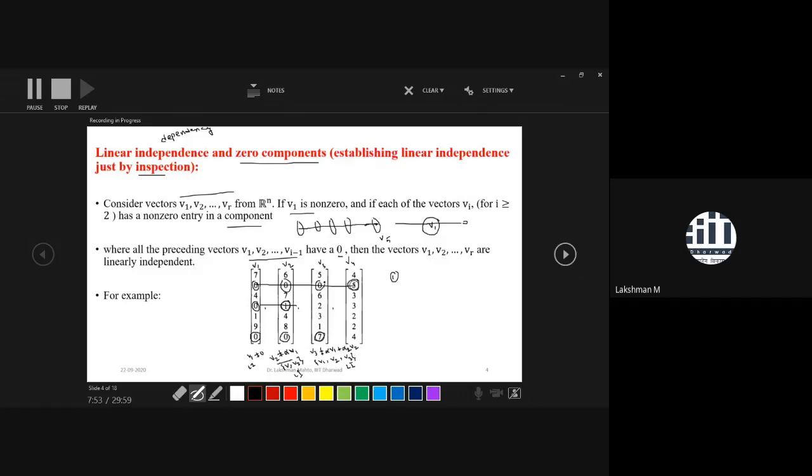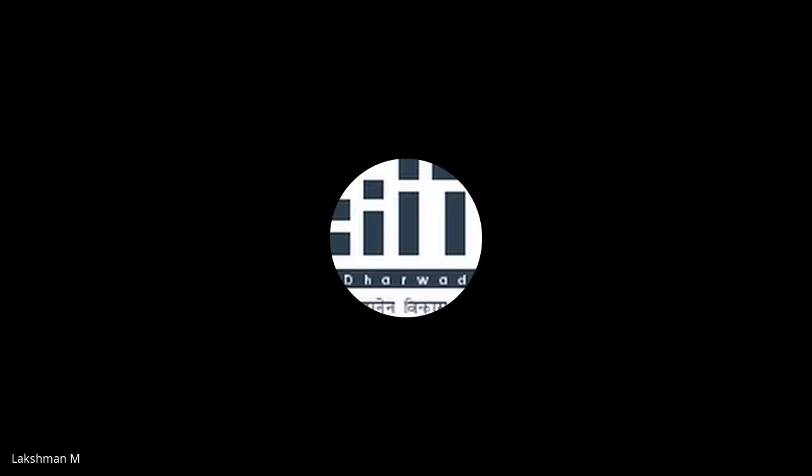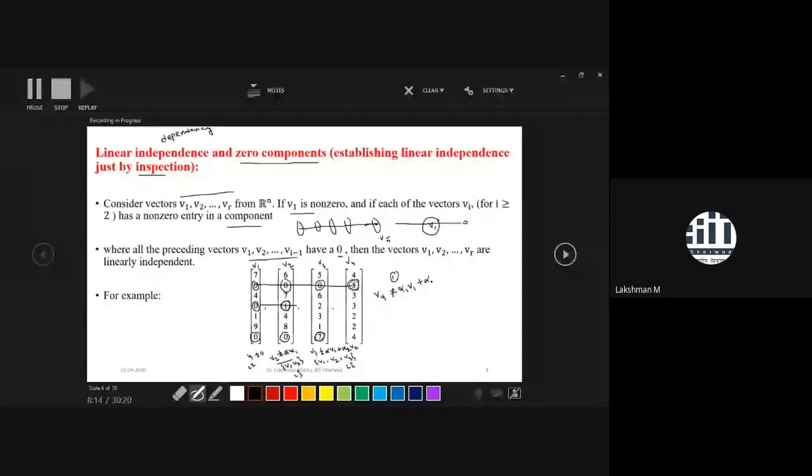It says that v4 also cannot be written as a linear combination of the previous vectors v1, v2, and v3, that is, alpha 1 times v1 plus alpha 2 times v2 plus alpha 3 times v3, and so on.